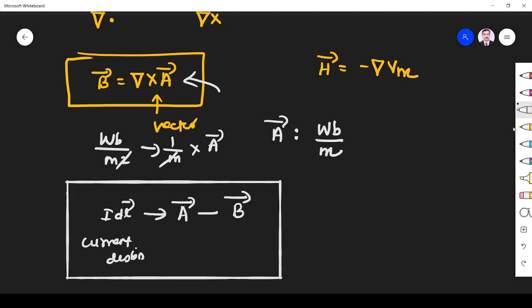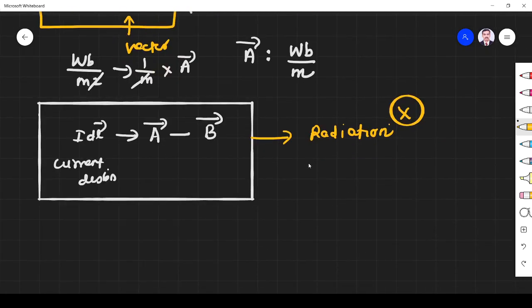This is the concept used in radiation, in antennas. That's why the concept of vector magnetic potential is very important. So how to find the magnetic field in free space? When current flows through an antenna, you find vector magnetic potential, and from it you find magnetic field.